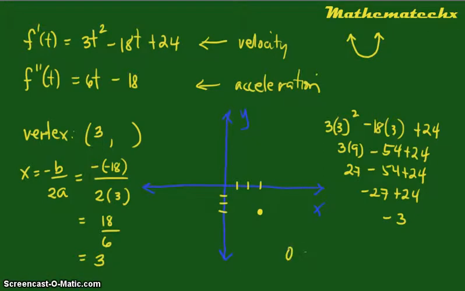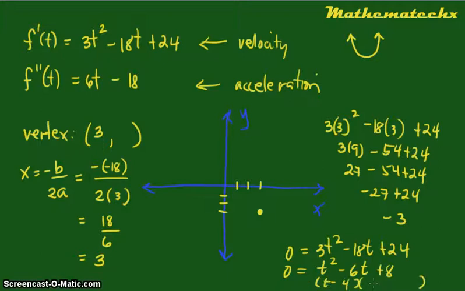So 0 is equal to 3t squared minus 18t plus 24. If you divide by 3, this is t squared minus 6t plus 8, and this will be t minus 4 and t minus 2. So it will pass through the point where x equals 2 and the point where x equals 4. So this will go this way.